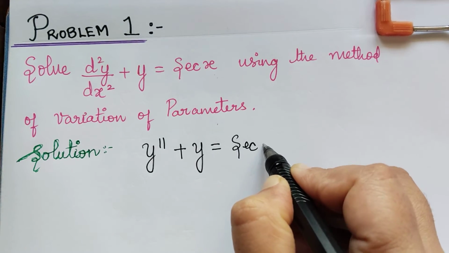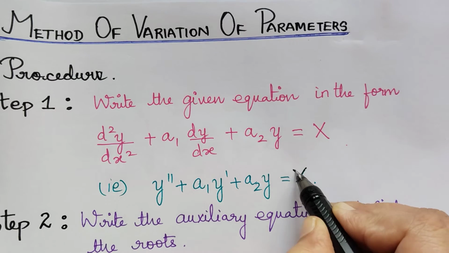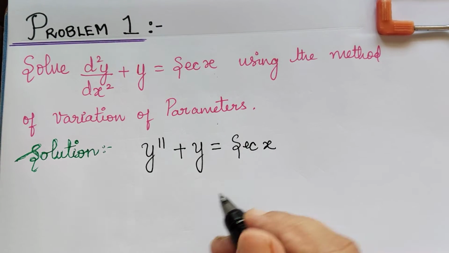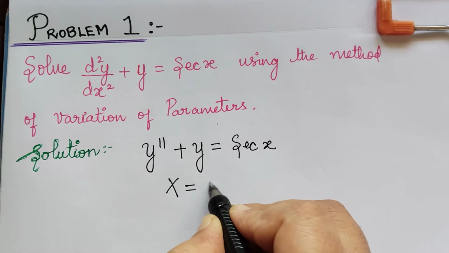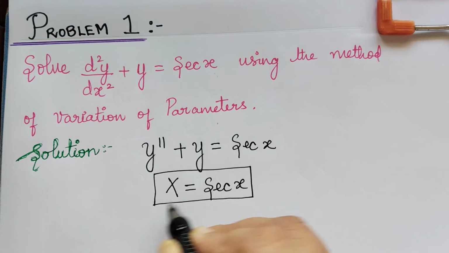Now when we compare with the standard equation, we see that the right side is capital X. So we take the function secant x as capital X. So capital X is equal to secant x, a function of small x.